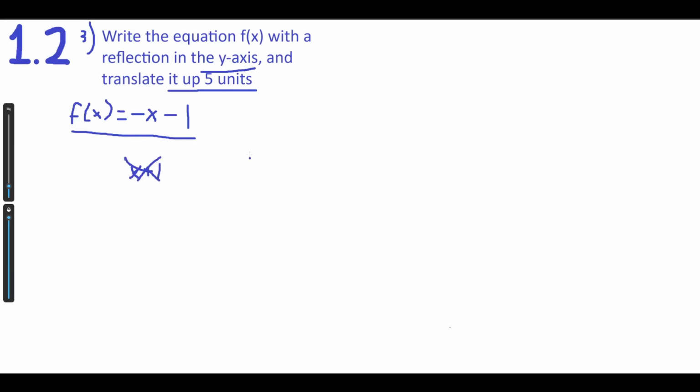We would want to write this, I'm going to call it g of x, as negative times negative x. And then up 5 units, we would just add 5. So negative 1 plus 5 is 4. This is your final answer.